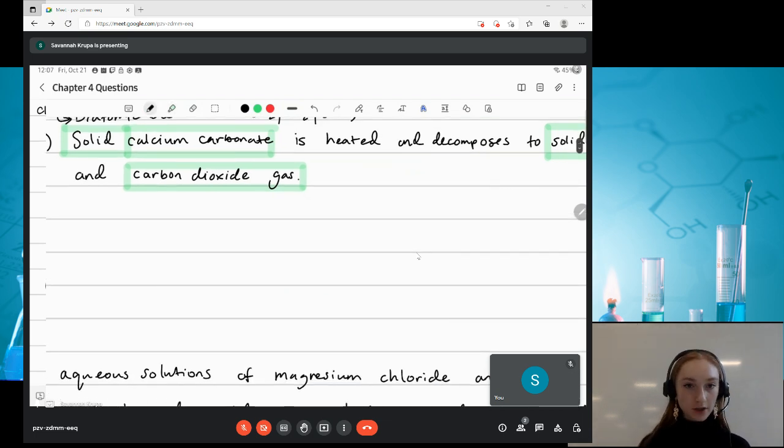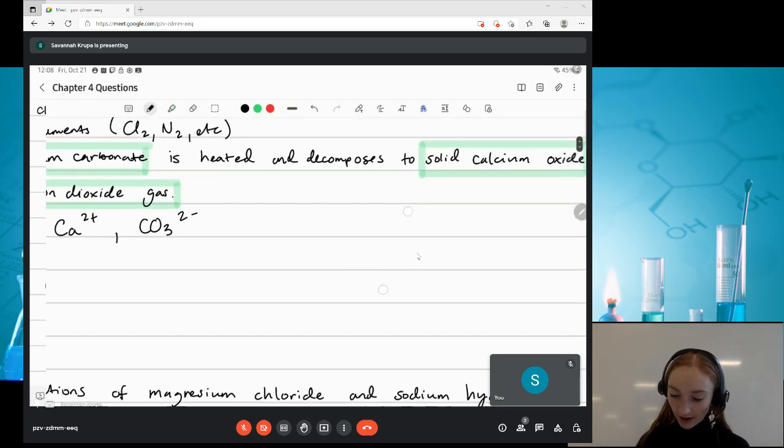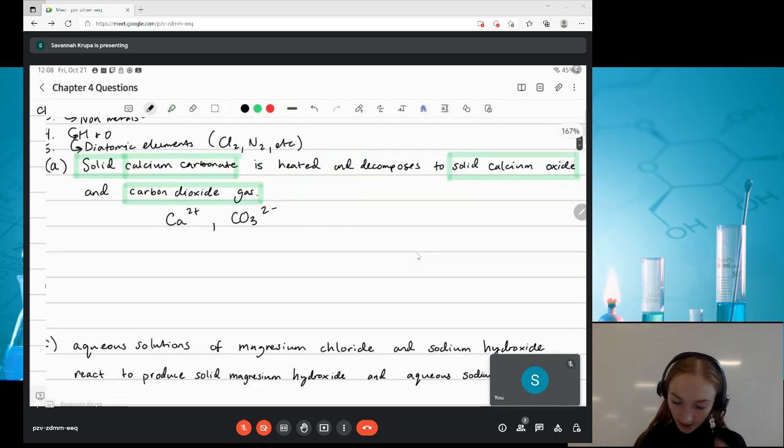Okay, so we have calcium carbonate, and what that looks like is calcium, and that is a 2+ ion. I'm just going to list all of what we are given in the problem, and then we can put them together and make each compound neutral. I'll show you what that looks like. So we have calcium, we have carbonate, which looks like CO3, and that has a 2- charge. And then we also have solid calcium oxide.